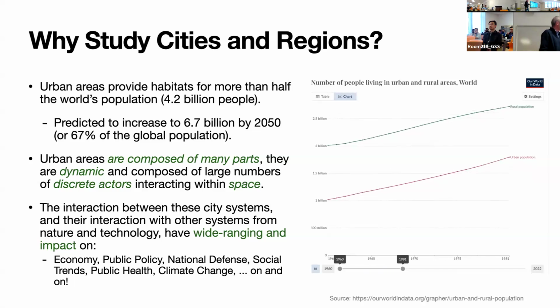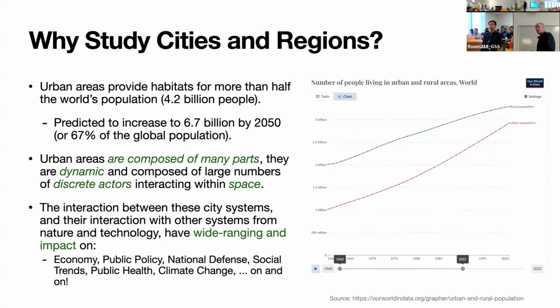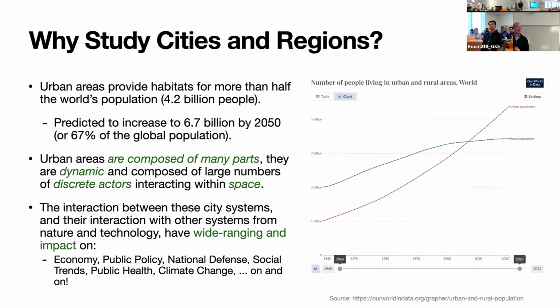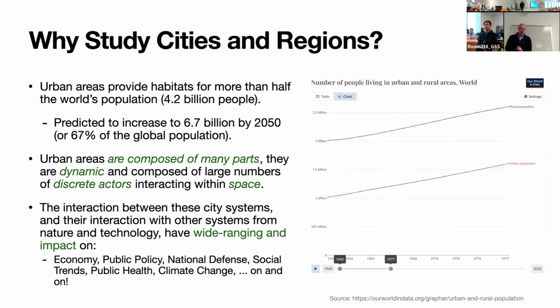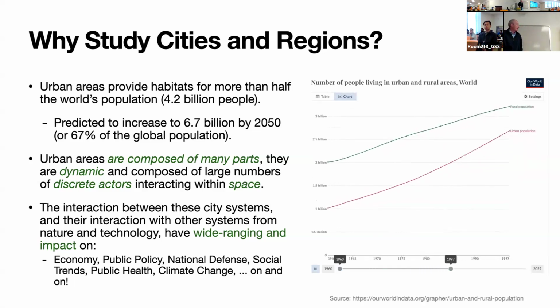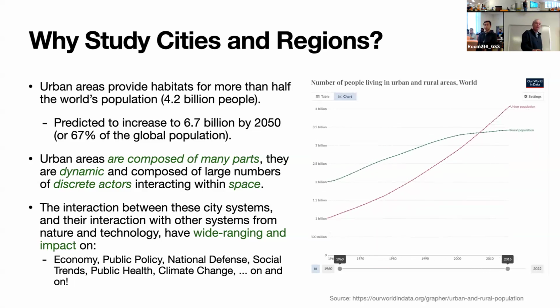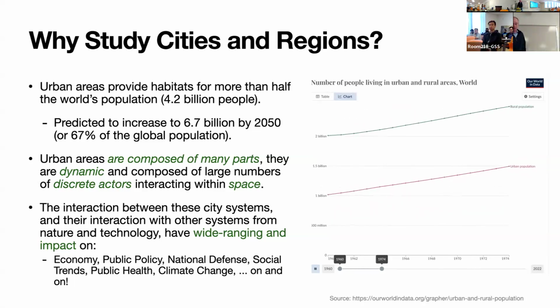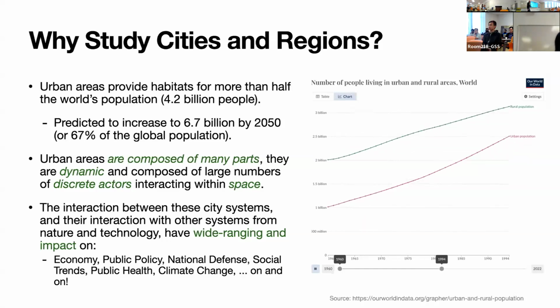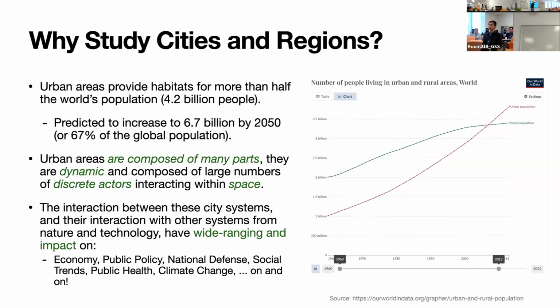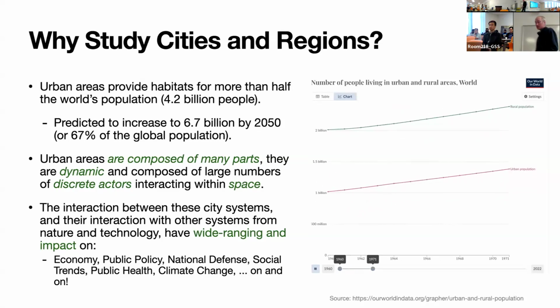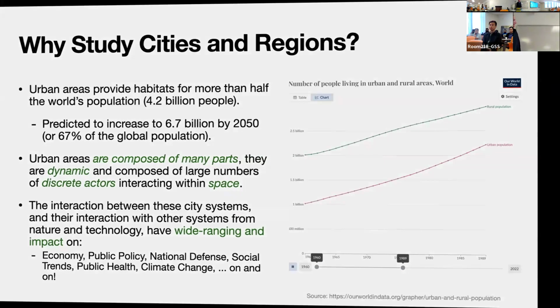We need to understand cities to get a better sense of how we can potentially intervene with respect to public policy, natural disaster issues, health, climate change, and so forth. And this is just a trend from online showing you how the population has been changing over time, from the World Bank.